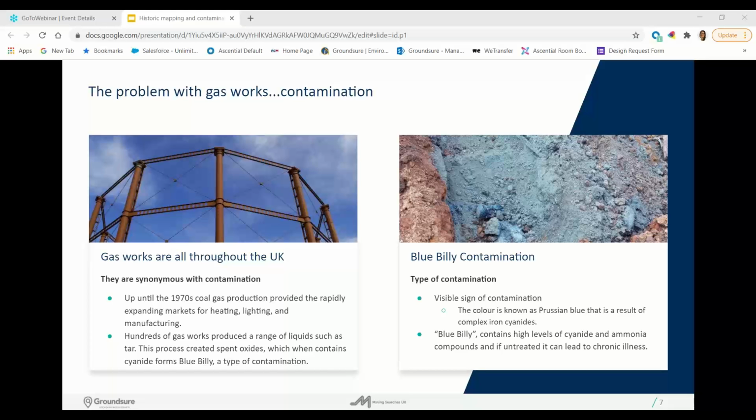However, it is a noxious and toxic waste which has been dumped in watercourses, resulting in numerous pollution incidents, and the full extent of health implications were not understood for many years later. It's still commonly found on sites of historic gasworks and coke works throughout the country. Now, blue billy contains high levels of cyanide and ammonia compounds, and if it's untreated, it can lead to chronic risk to health.